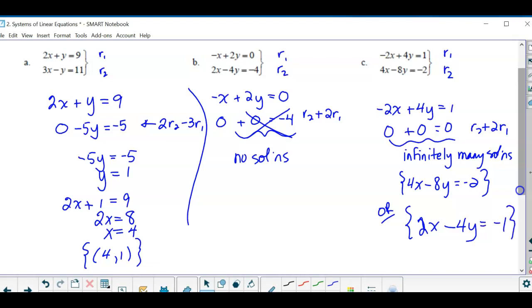Any version. Yep. That's what I said, yeah. So it's called row reduction when you're making that first entry 0. That's just what row reduction is. Yeah. Absolutely it is. Well, usually when we use elimination, we don't do that.